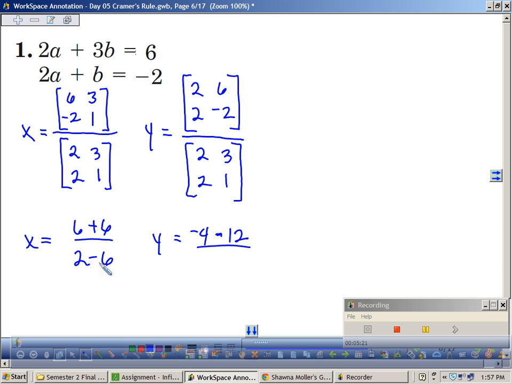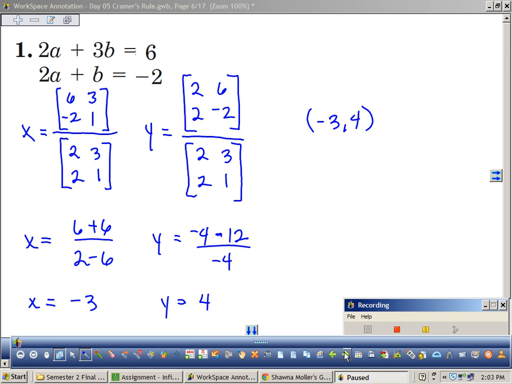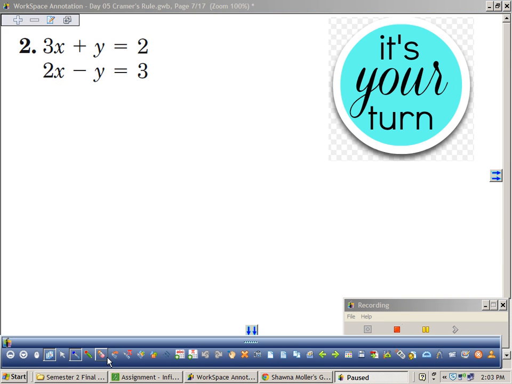I get 12 over negative 4, which is negative 3, and negative 16 over negative 4, which is positive 4. So my solution is negative 3 comma 4. Make sure you get that down for number one. Why don't you guys do this one?